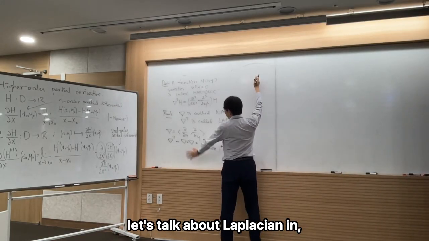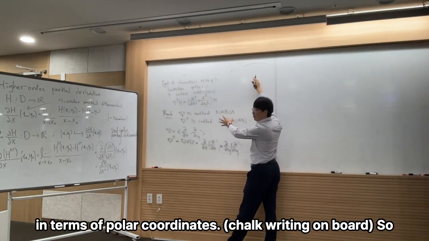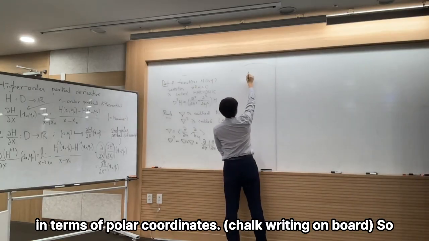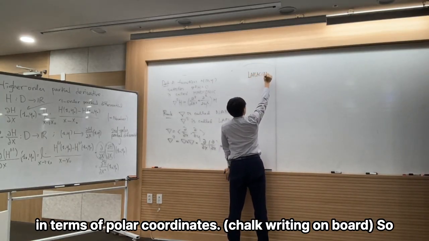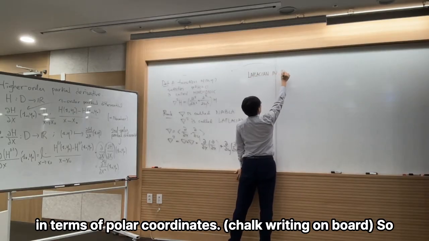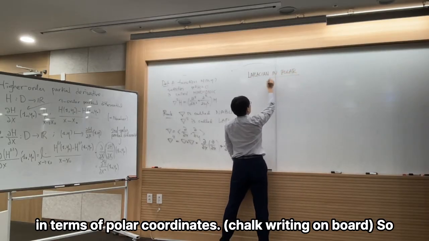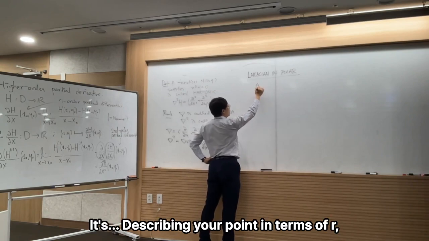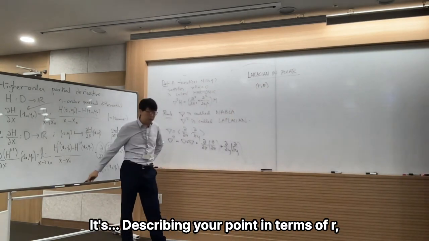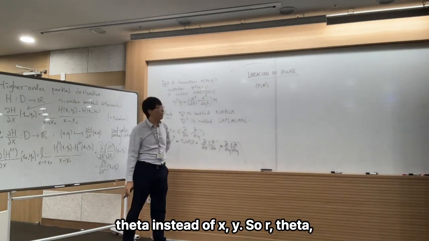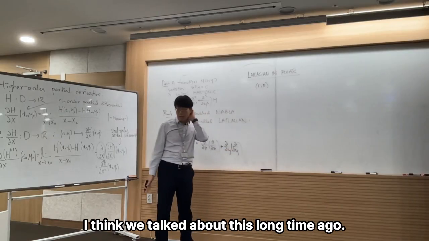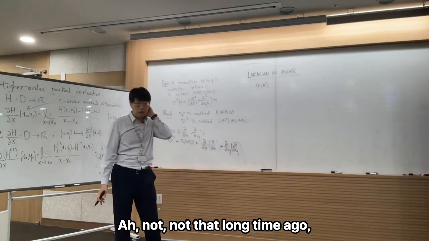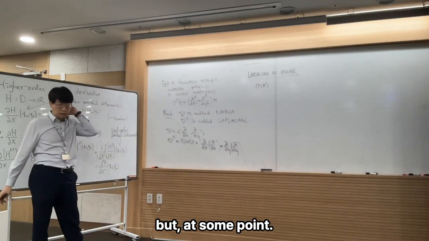So let's talk about the Laplacian in terms of polar coordinates. What is a polar coordinate? It's describing your point in terms of r, theta instead of x, y. I think we talked about this a long time ago. Not that long ago, but at some point.